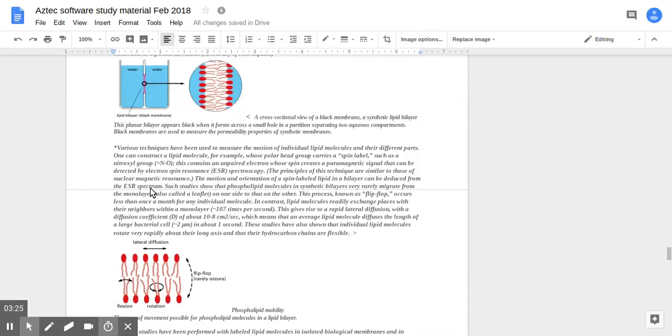In other experiments, they study phospholipid molecules in the synthetic bilayers, and they label the lipid molecules in the bilayer using spin label resonance by adding a nitroxyl group, for example, a nitrogen oxygen group, which contains an unpaired electron, which is detected as a paramagnetic signal by the electron spin resonance spectroscopy.